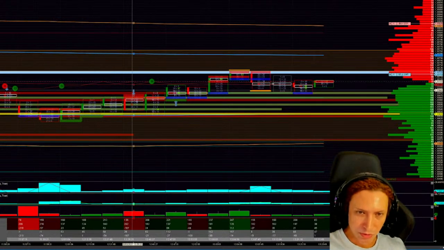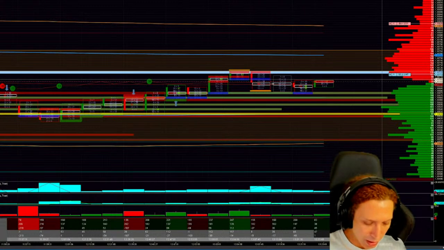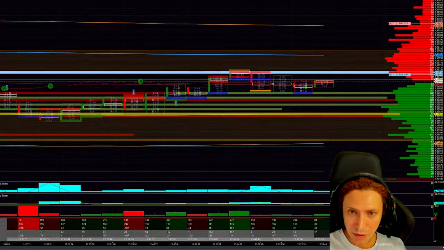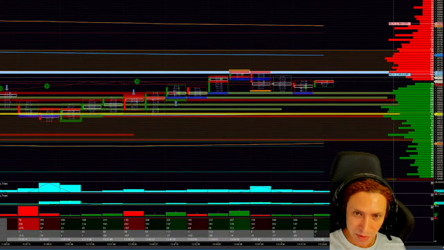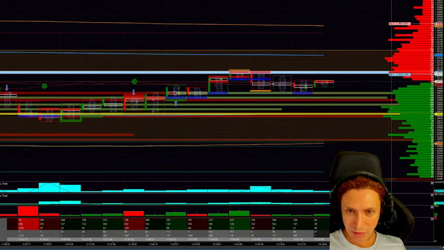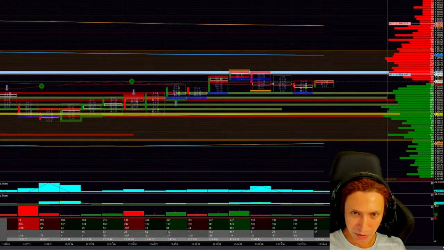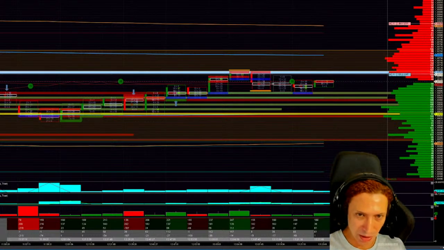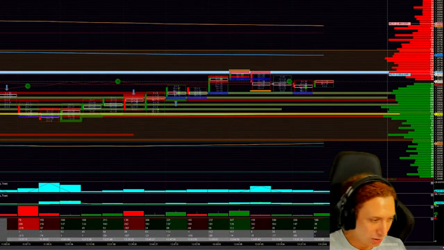Price is very close to the entry right now, and after we put the entry, after we get inside the market, the order executed, we manage the trade and set the stop loss.